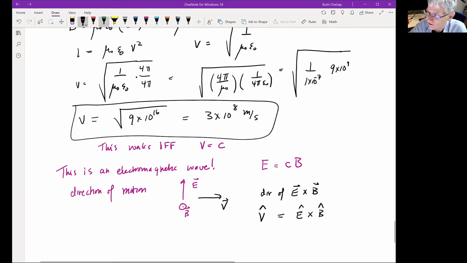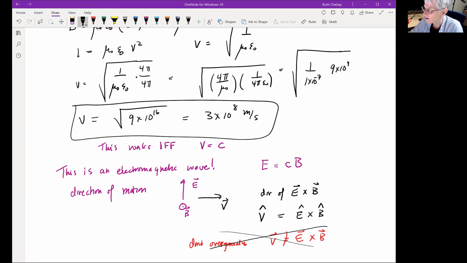But don't overgeneralize. So v is not equal to E cross B, no. So don't think this, but the direction of motion has to be given by that.